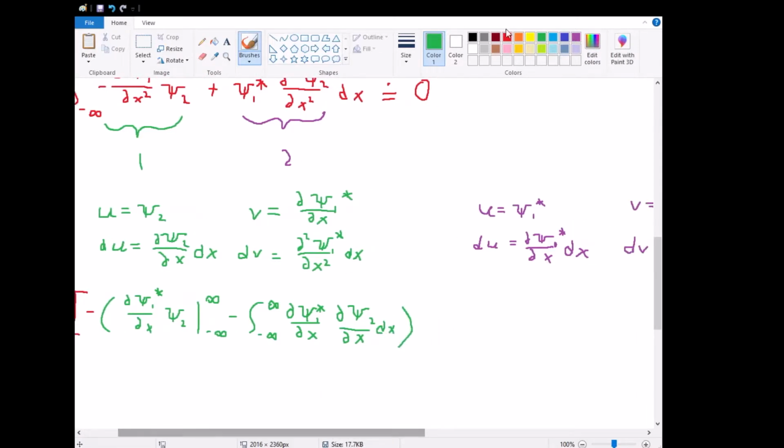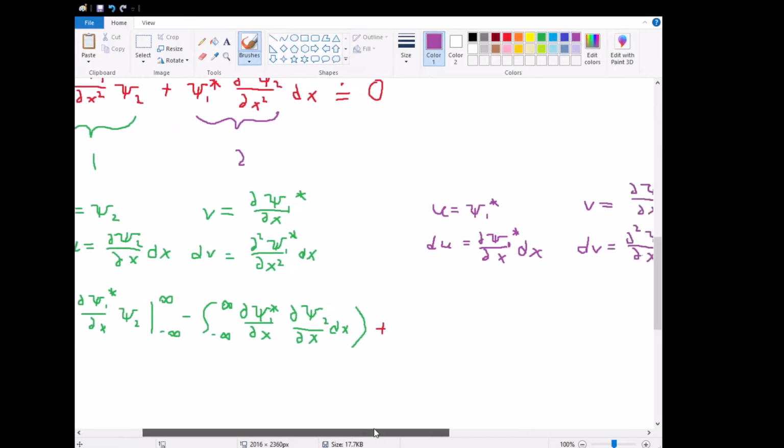And we're going to add the integration by parts in purple.